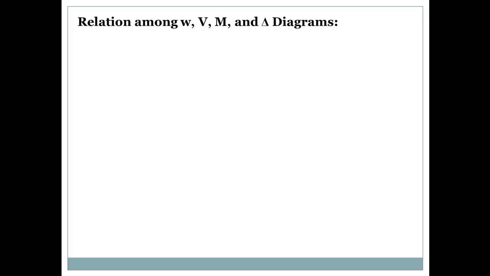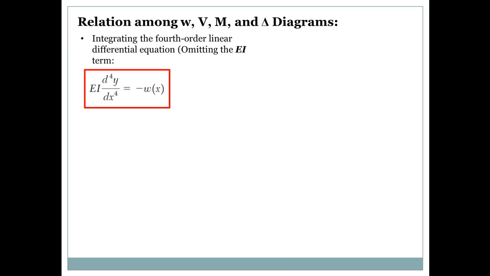Now, let's look at the relation among W, V, M, and delta diagrams in general. Remember, we have the 4th order linear differential equation, EI d to the 4th derivative of delta with respect to x equals negative w of x, and we've done a couple of tutorials on how to use this equation to get the elastic curve equation.